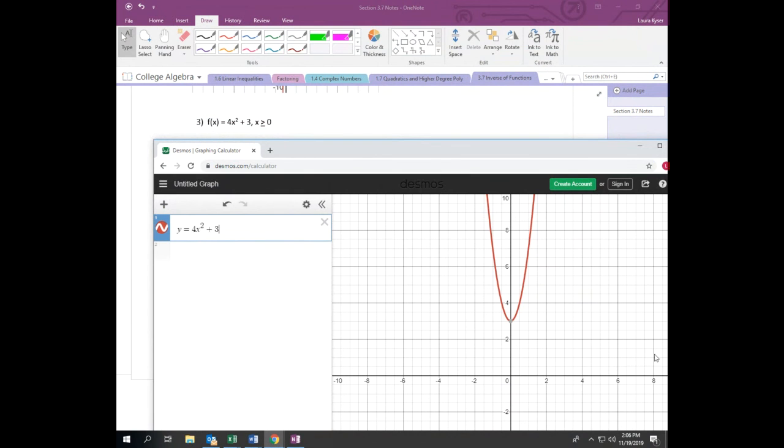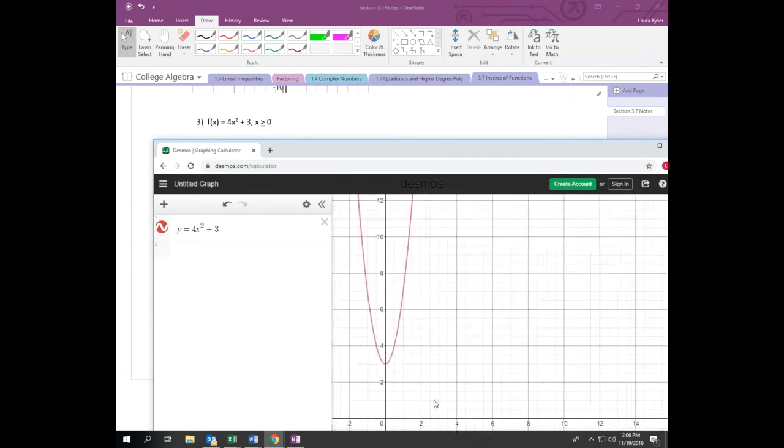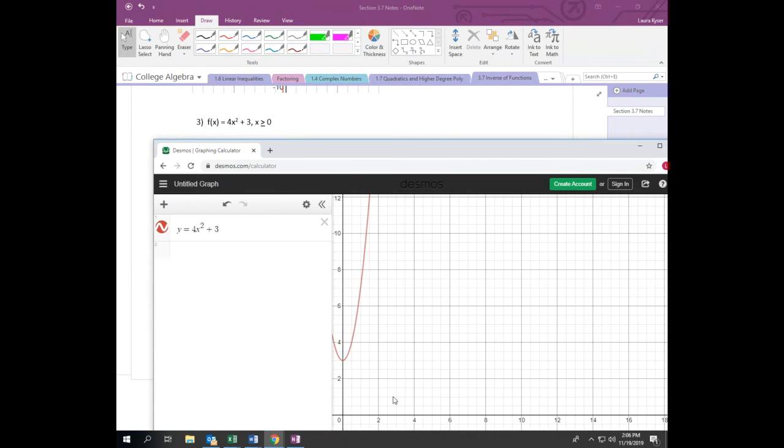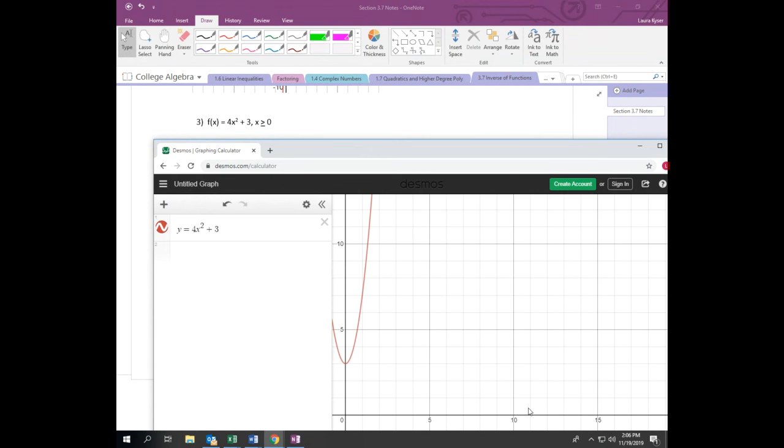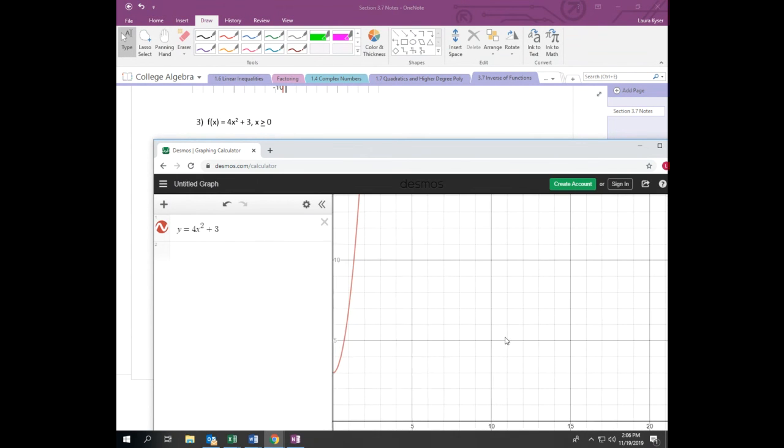All right, so here's my quadratic, but I only want where the x's are positive or 0. So it's kind of cutting the entire left-hand side off of this graph like this. And it makes just this right arm here because we're restricting the domain.